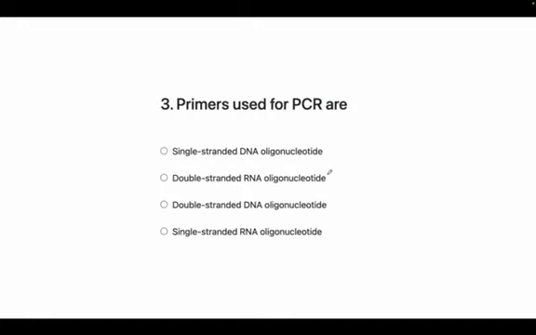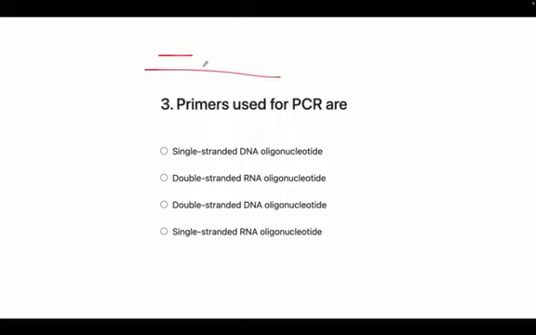Primers used for PCR are single-stranded oligonucleotides. While we use RNA primers in our body, we can remove the RNA primer because we then have DNA polymerase 1 to remove the primer and synthesize a new DNA stretch in its place.